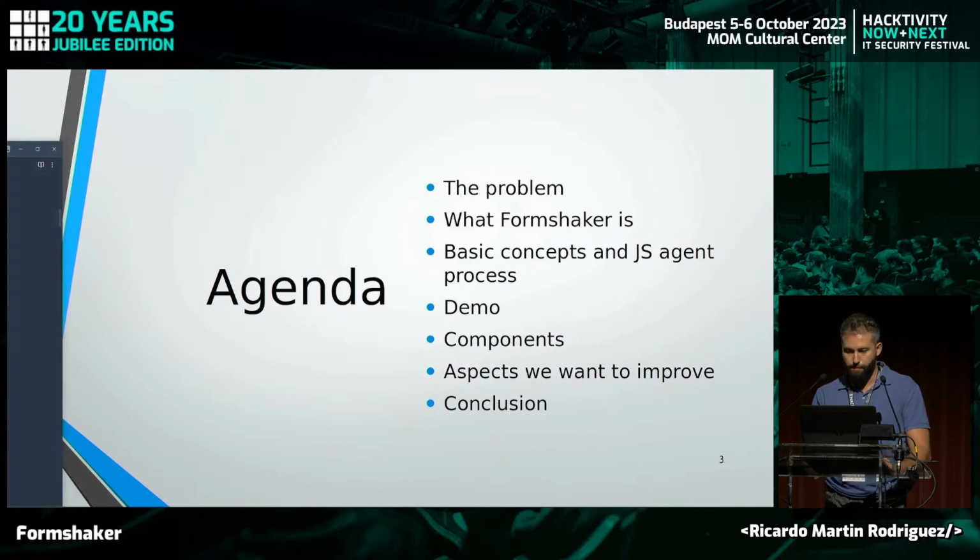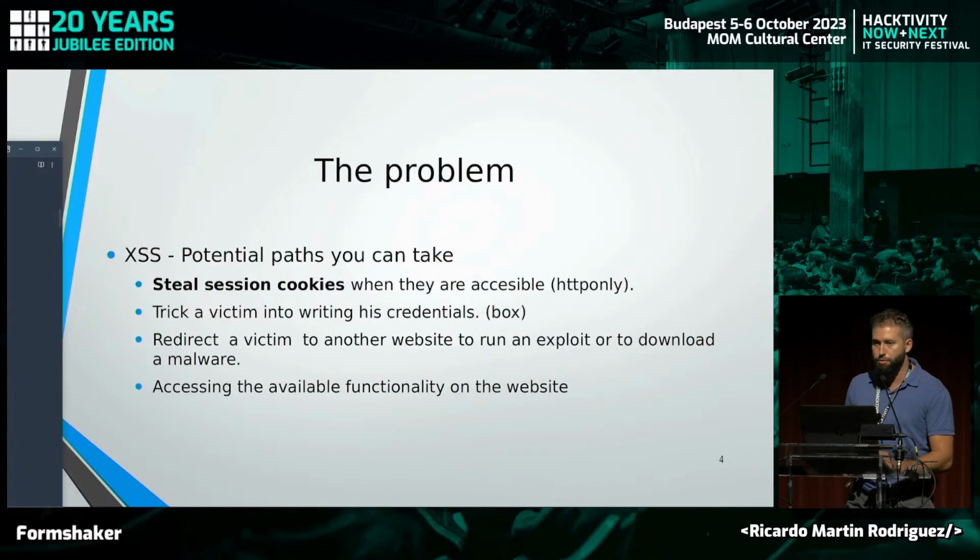So, the problem. Usually when we find an XSS, we try to follow some potential path. One of them is stealing the session cookies when they are available, because the HTTP-only protection is not protecting that cookie. Another path is to trick a victim into writing his credentials.